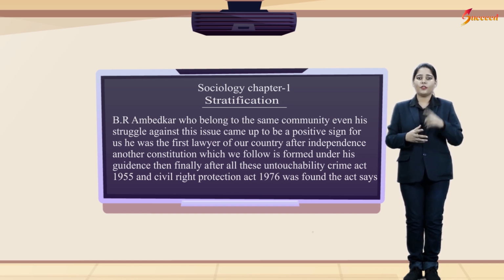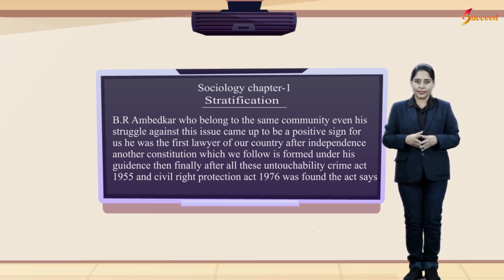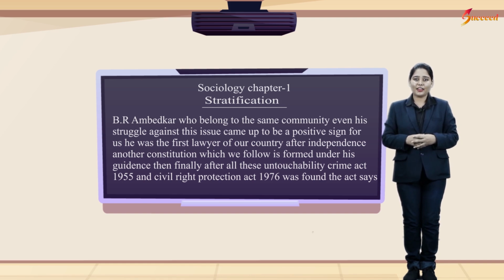He was the first law minister of our country after independence, and the constitution which we follow is formed under his guidance. Then finally, after all this, the Untouchability Crime Act 1955 and Civil Rights Protection Act 1976 were formed.